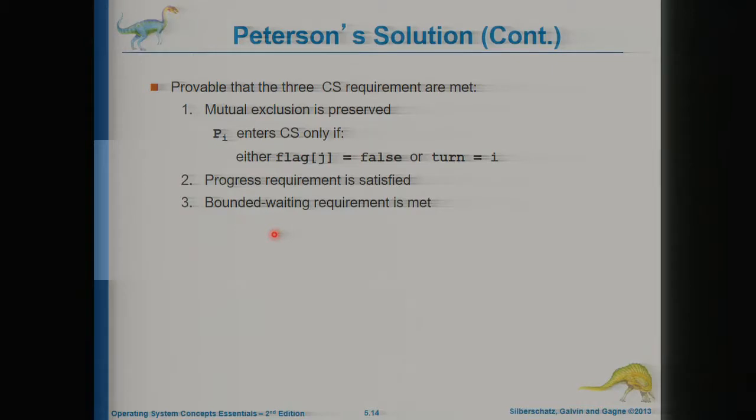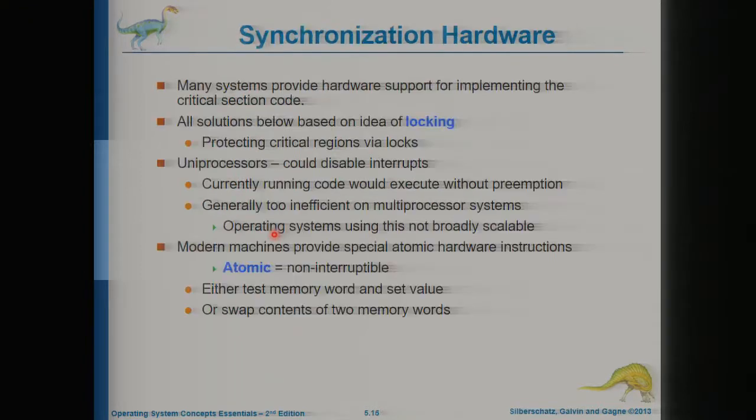Then there is bounded waiting, because at the exit time we are setting the flag false. If anybody has made its flag true, then as soon as this process makes its flag false, the other process can enter into its critical section. So that is how it is achieving mutual exclusion, progress and bounded waiting.